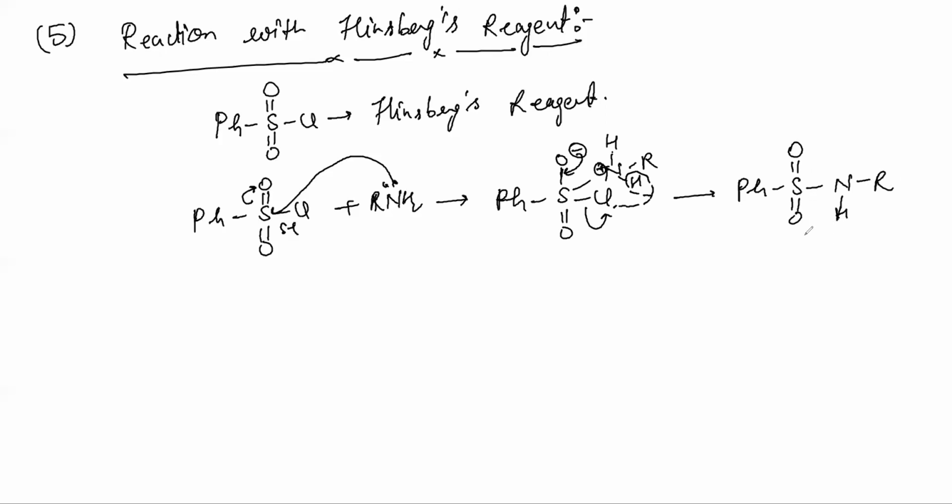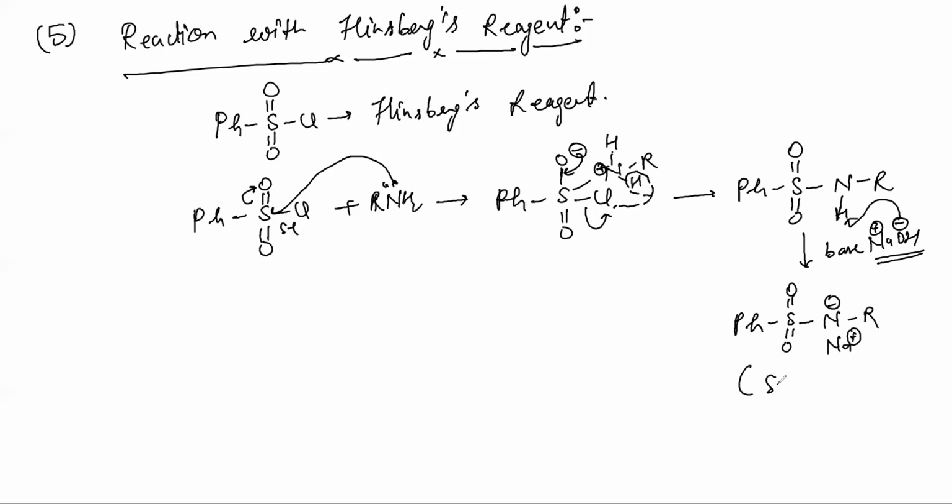Now, if you treat it with any base, let's say NaOH, do you have an acidic H here? Please check. Yes. So now this NaOH will pull this acidic H, and it will make a salt like this.